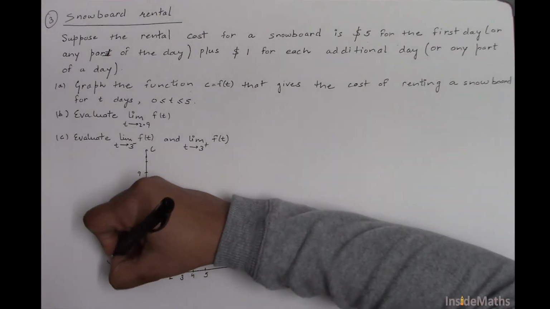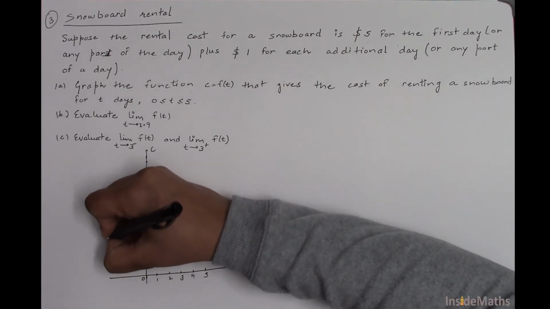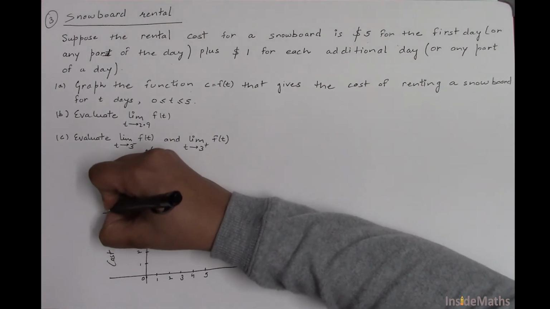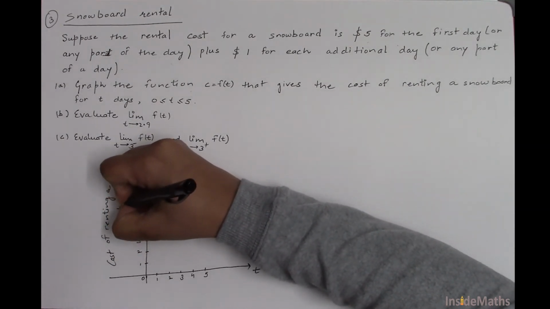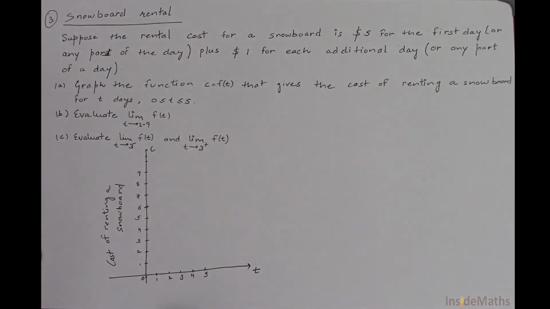Now C is the cost of renting a snowboard, and T is the number of days.